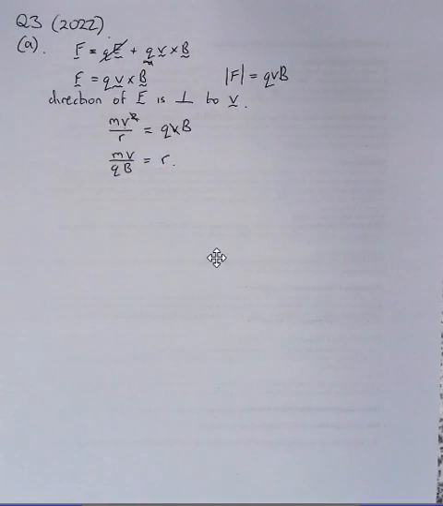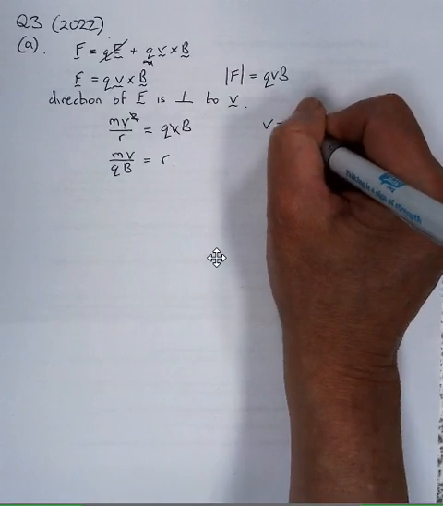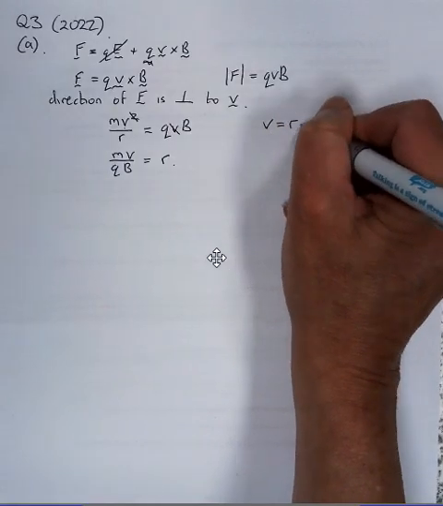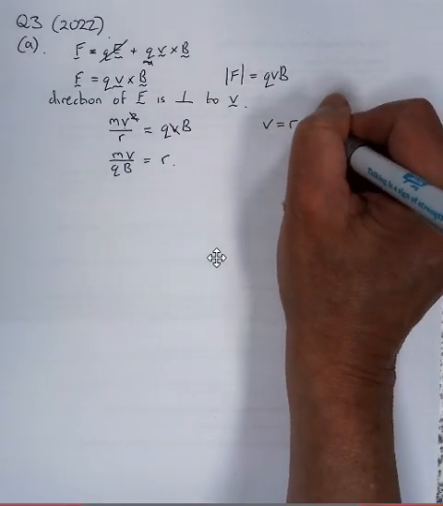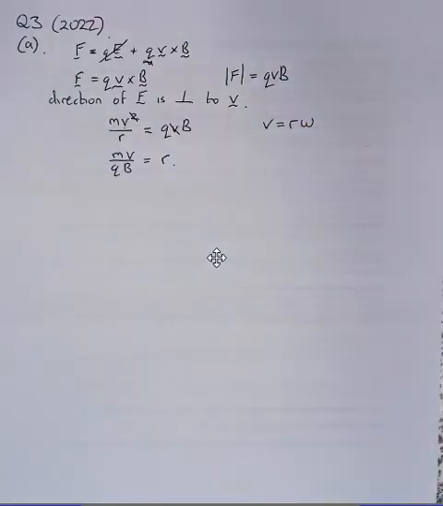Now, the question asks us for the rotation frequency. How do we get that? Well, if you have circular motion at constant speed, we can use the equation v equals r omega.